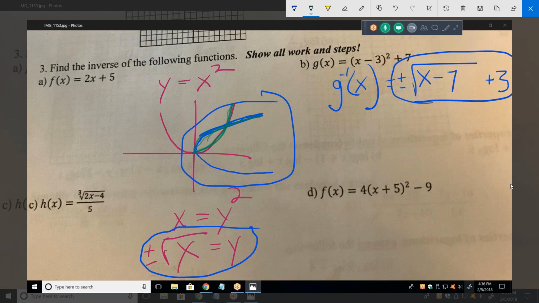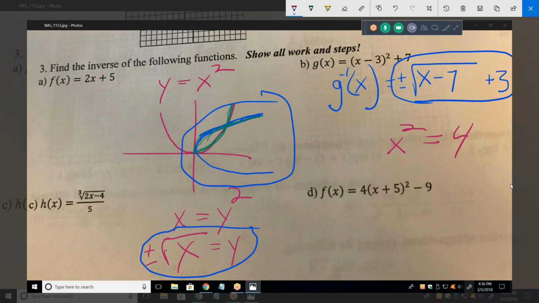Whenever you solve an equation by taking the square root of both sides, this is a good thing to memorize. Your answer always begins with plus and minus. Example, x squared equals 4.